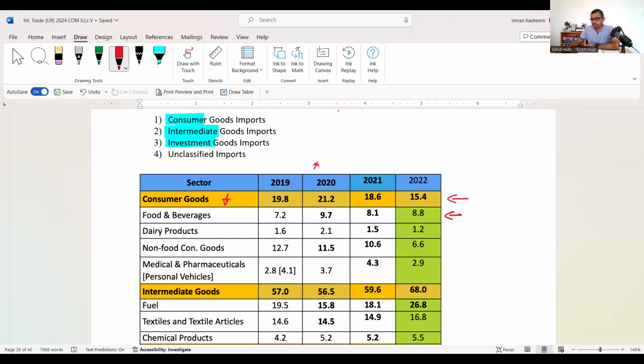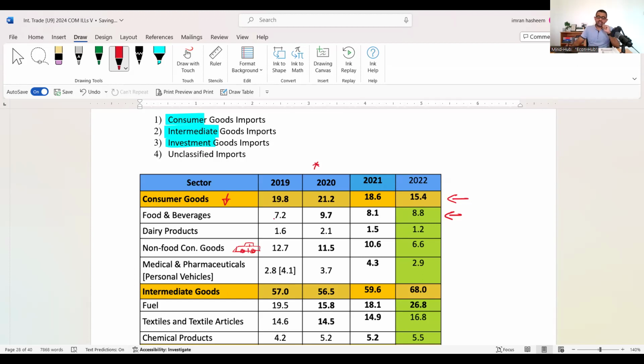Then the non-food group, yes, non-food imports, but consumer goods. The biggest item here used to be vehicles, right?